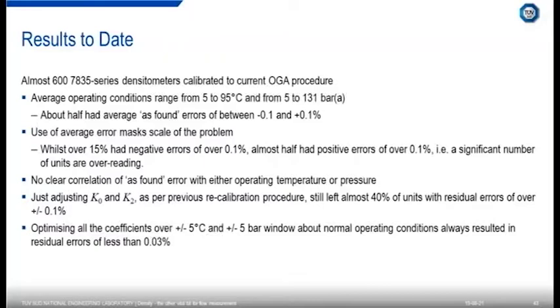Optimizing all the coefficients over a limited temperature and pressure range, plus or minus 5 Celsius, plus or minus 5 bar, for example, gives you residual errors of down at the 0.03, 0.02%. And that plus or minus 5 degree, plus or minus 5 bar is representative of the operating condition of most densitometers. Some operate over wider conditions and you would calibrate them accordingly, but typically you'll be in that sort of range.